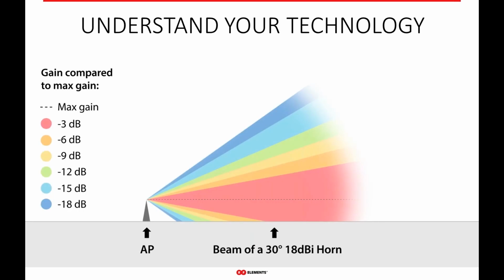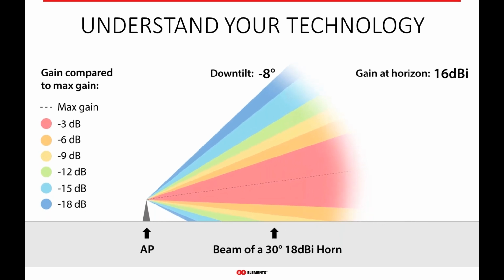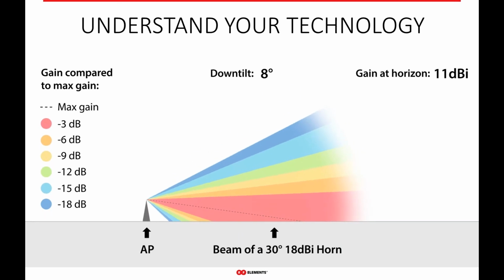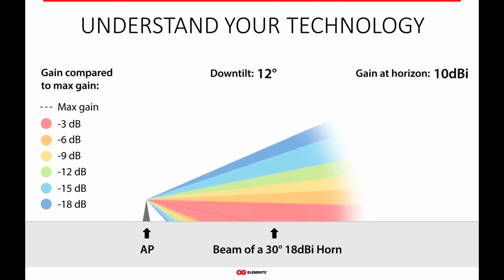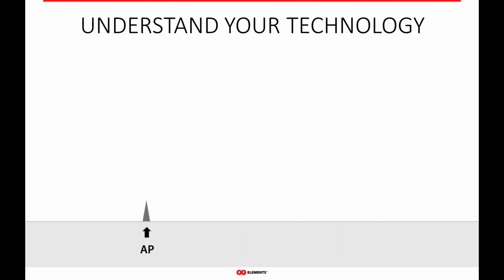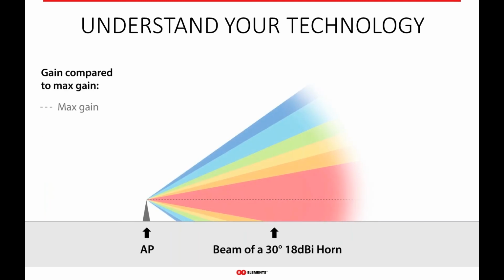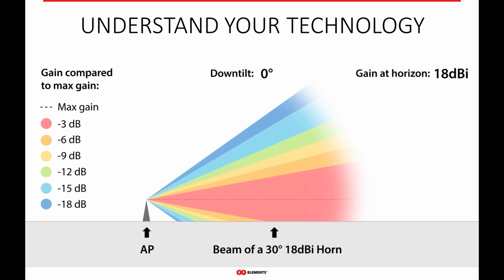So if we look at here with a horn with 0 down tilt, you have exactly full gain right at the horizon. So as you start to tilt the antenna up or down, you start to bleed off gain. So with a horn that had, let's say, about 12 degrees of down tilt, you are effectively bleeding off the gain, and you can actually control the amount of signal received at the horizon.